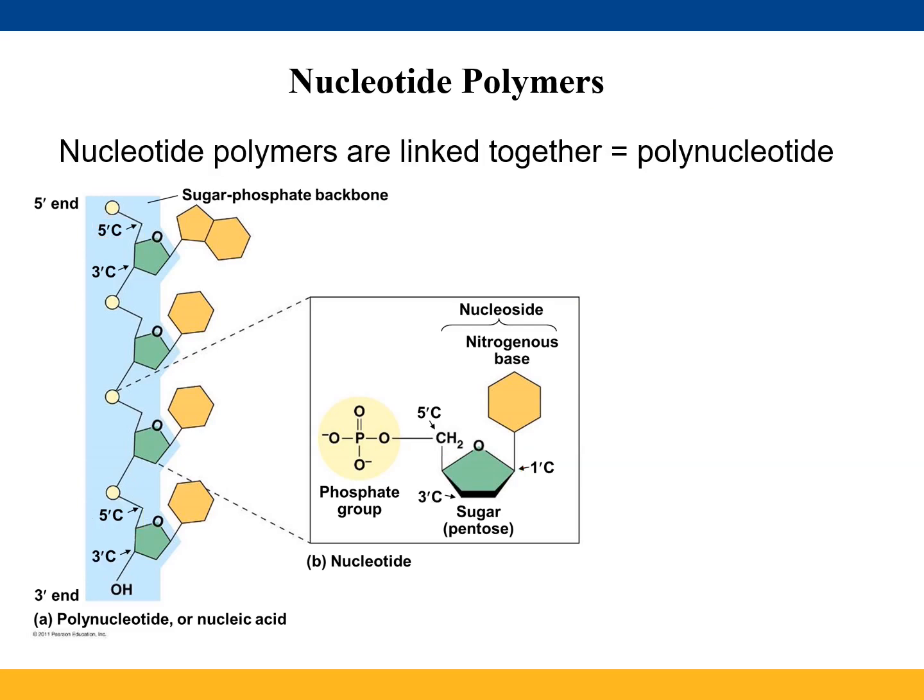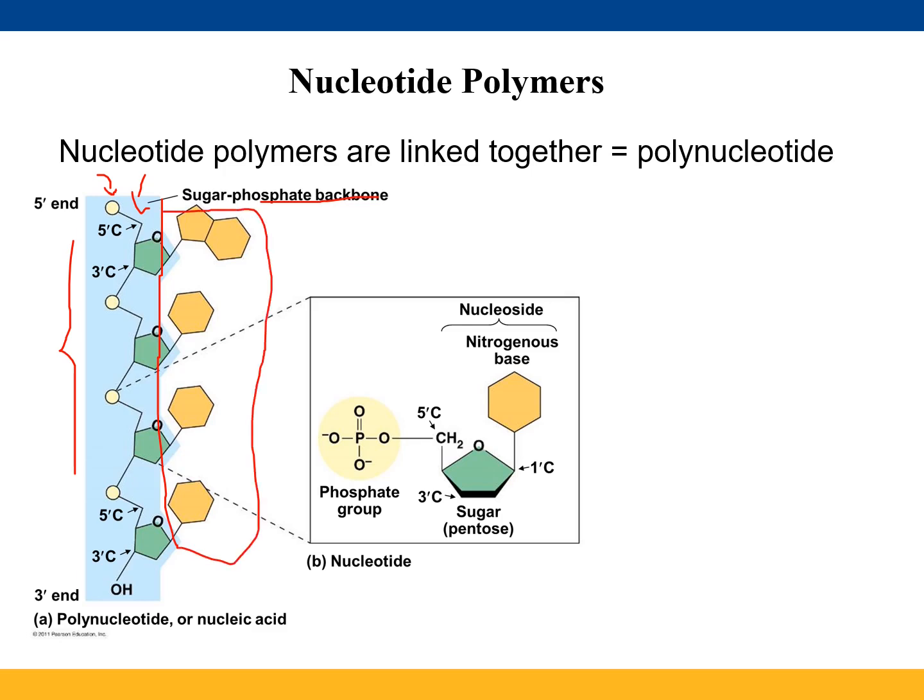I'm going to talk about this blue region that is the sugar phosphate backbone that is going to be similar between DNA molecules. So here you will not find any difference. In a similar way, within an RNA molecule, this sugar phosphate backbone is also going to be the same. So the difference is not going to come from here. The difference is going to come from the sequence of nucleotides.